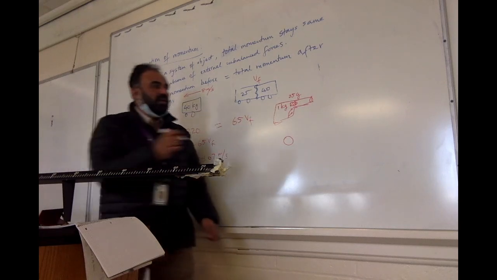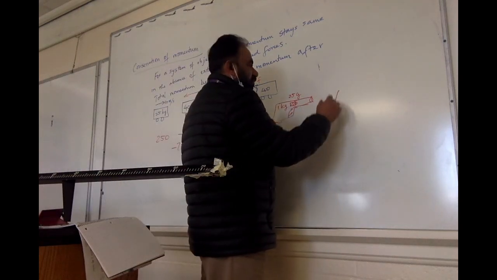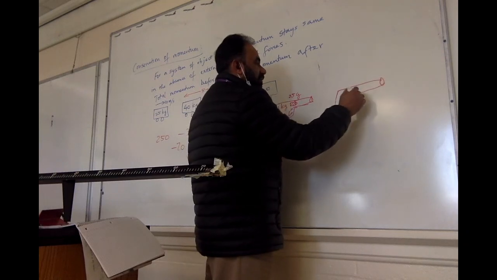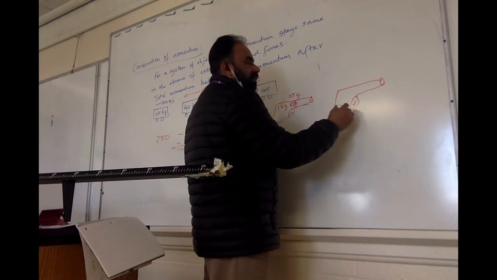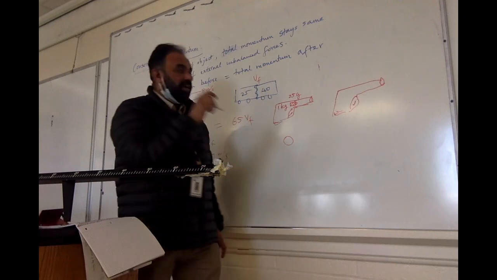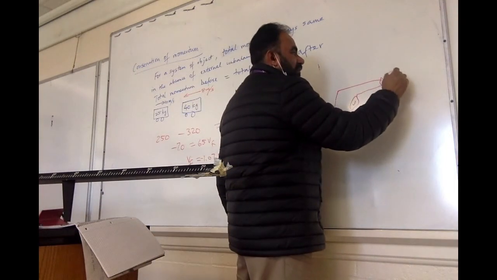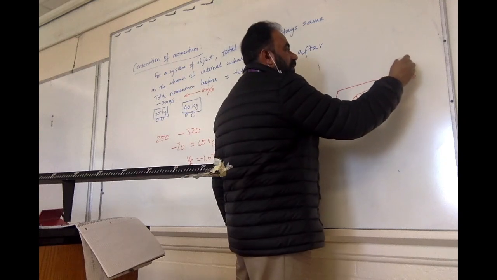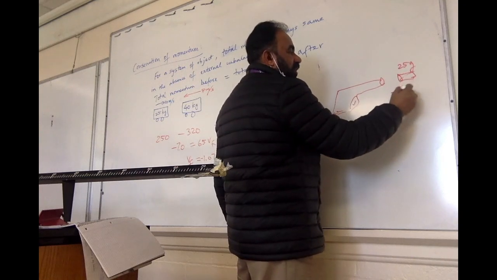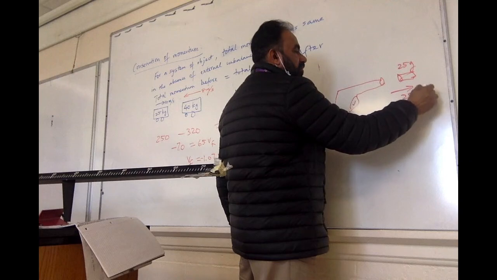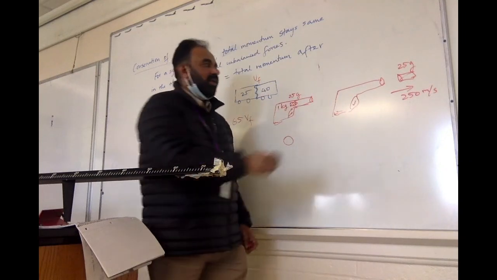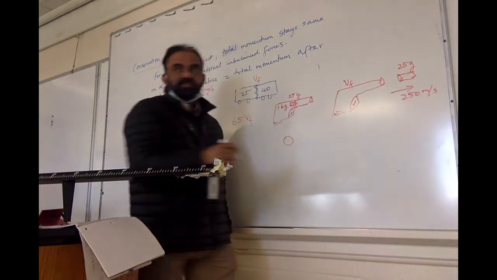Zero. Now after, some of you are just fooling around here. After the gun is fired, now it becomes two objects separate. Here is the bullet. Get the recoil. And let's say the bullet is going at 250 meters per second. What is the velocity of the gun after the impact?